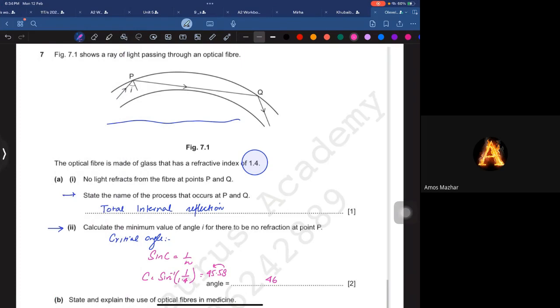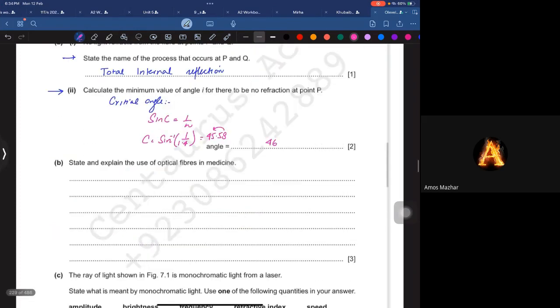All right, kids. That's good. Now we're going to write this important piece of information about the use of optical fiber in medicine. So please check this out and write this down.